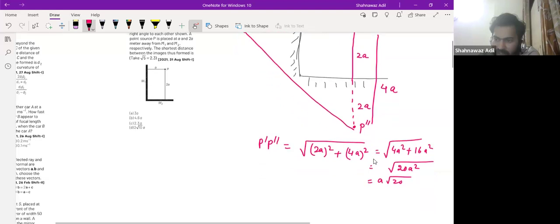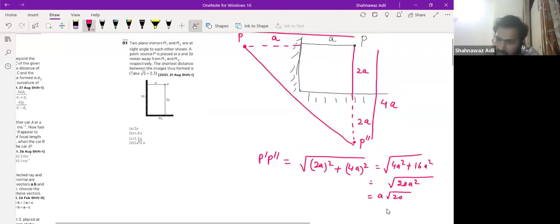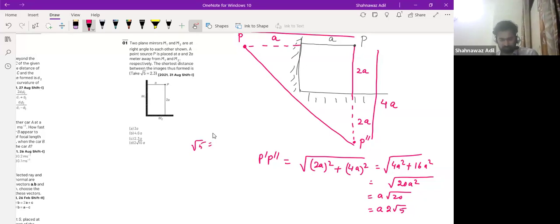So this is a times 2 root 5. How much is root 5? Oh, we're not getting that answer.